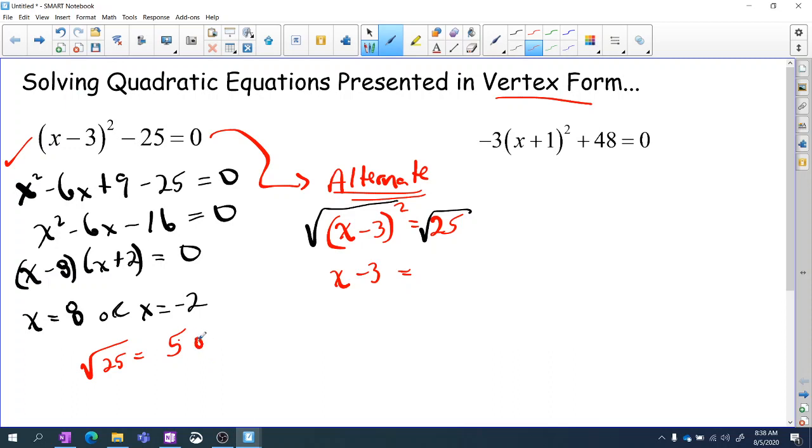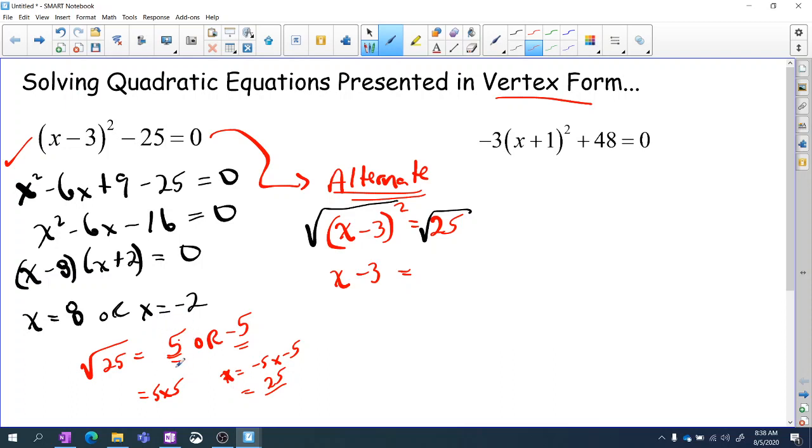Well, then I would say, how come it could not be negative 5? Based on the definition, 5 times 5 is 25. But wouldn't negative 5 multiplied by negative 5 also give us 25? And the answer is yes.